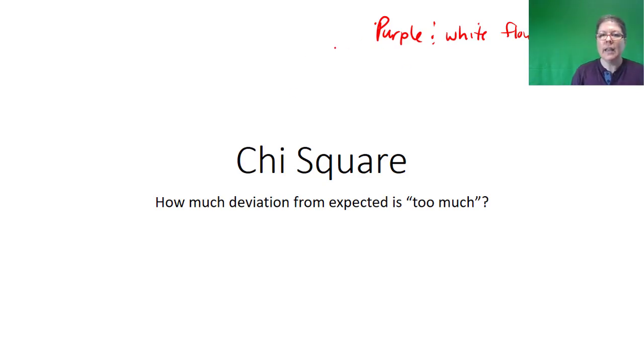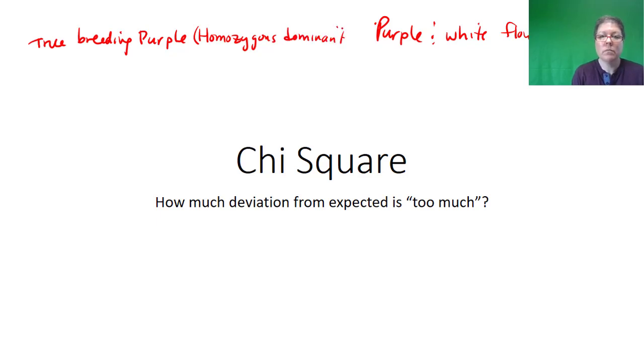All right, let's take a true breeding purple, which tells us that it's homozygous dominant, for the flower color, and a true breeding white flowered plant. And that tells us that it's homozygous recessive.